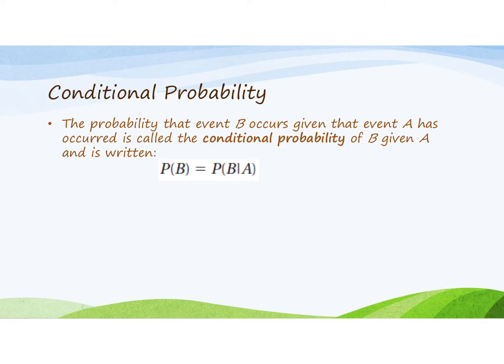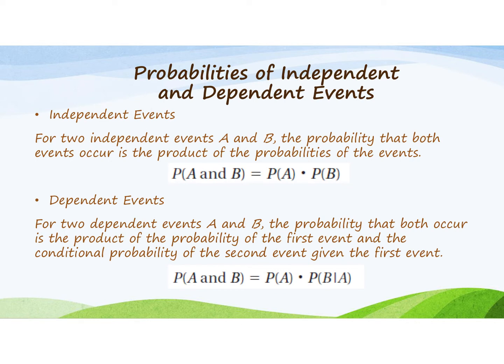Now we're going to see the two formulas for independent and dependent events. For independent events A and B, the probability that both events occur is the product of the probabilities of the events. Whenever they are independent and have nothing to do with each other, you find each simple probability separately and then you multiply them.